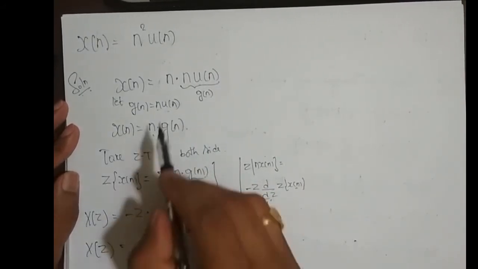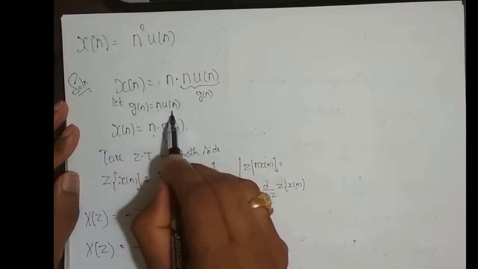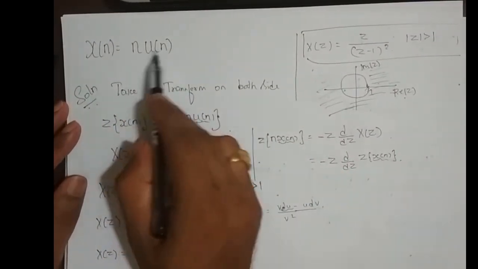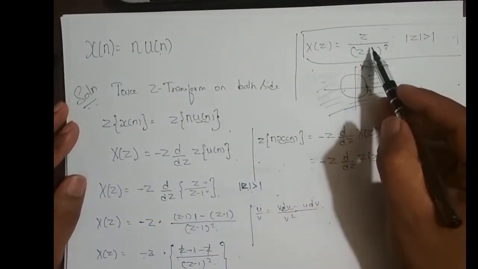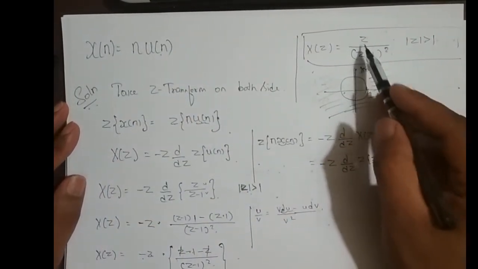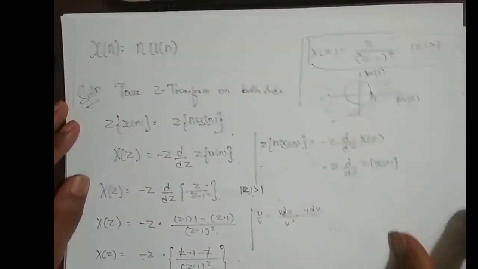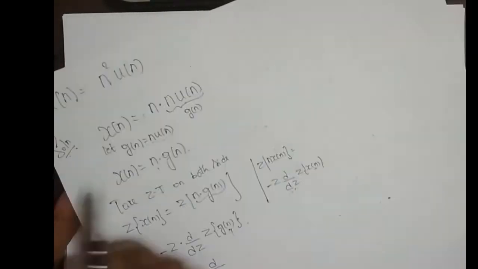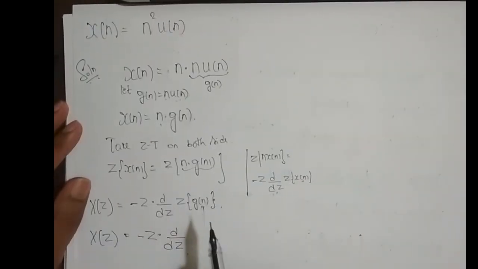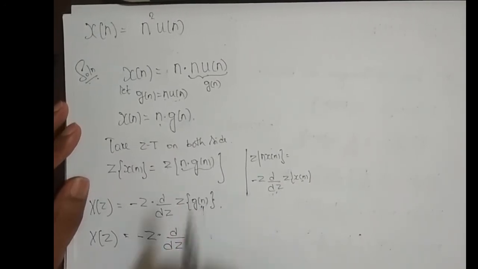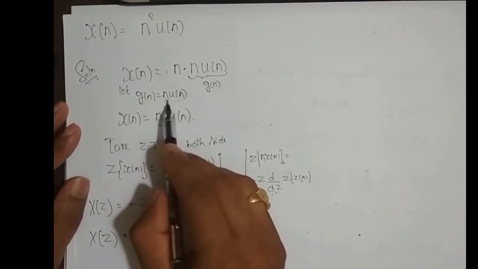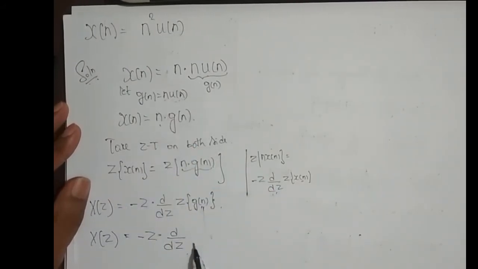Okay, but our previous problem was actually n into u(n), right? So I already found it. Since I already have the result, I am directly applying it here. But in your case, if you forgot, or if you are doing it the first time, then you have to find the z transform of n into u(n) and then apply it here.